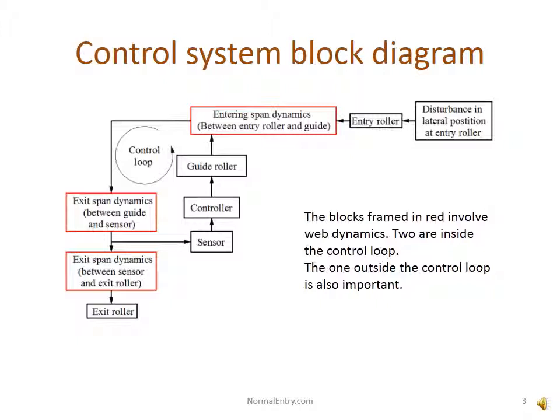There is a closed loop indicated by the circular arrow which tries to keep the web position continuously on target. The blocks, framed in red, involve web dynamics. Two are inside the control loop, so results are going to depend as much on web behavior as vendor-supplied components. Results also depend strongly on web behavior outside the control loop.